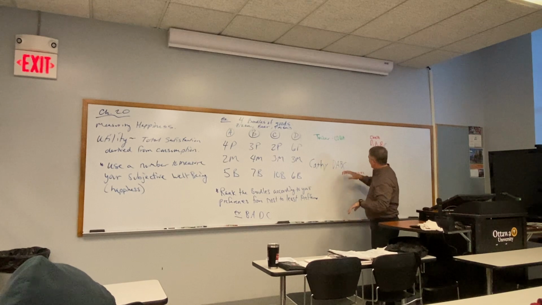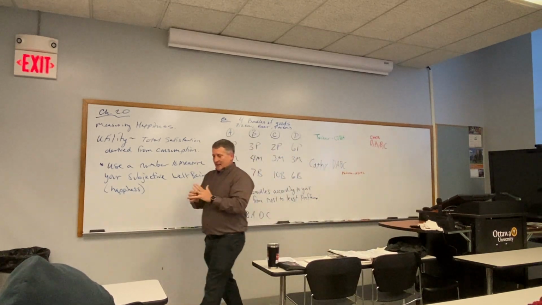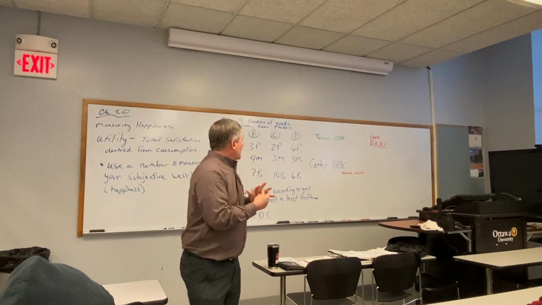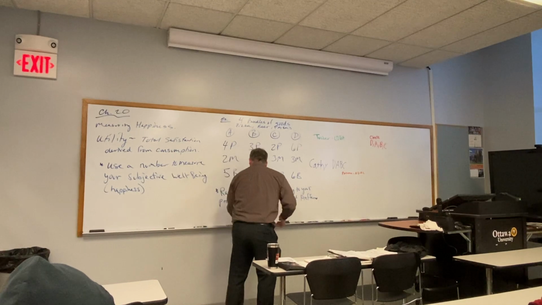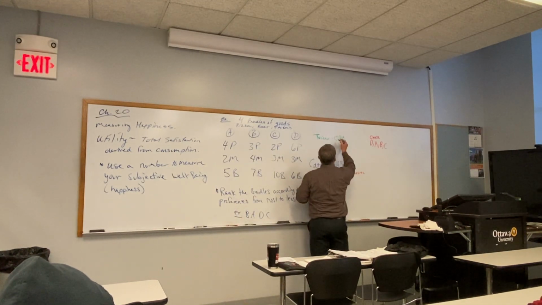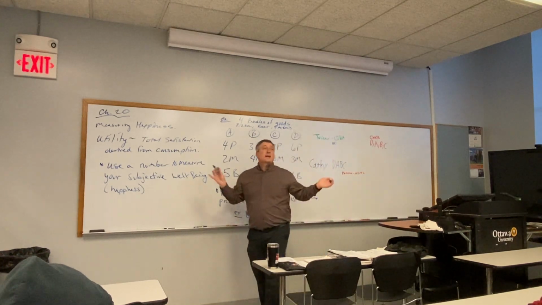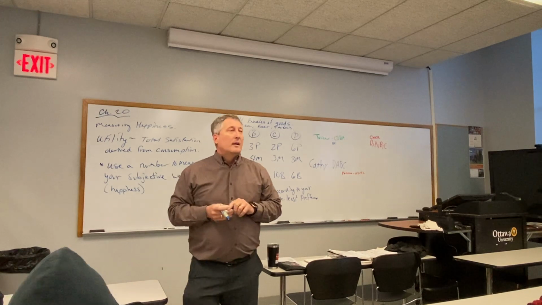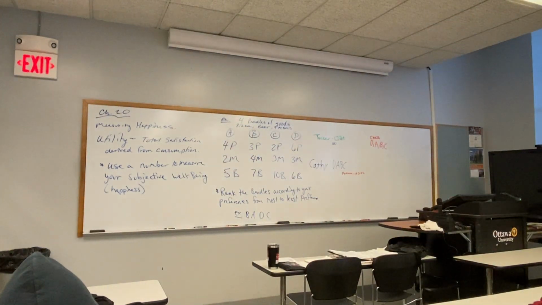All right. So Tucker and Patience. I think we're going to start with you. So Tucker, with you first. I want to arbitrarily say that bundle C gives you 100 units of happiness. So I'm just picking that one out of the air, okay? So let's just assume that your most preferred bundle is 100 units of happiness.